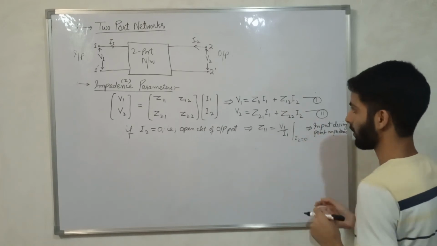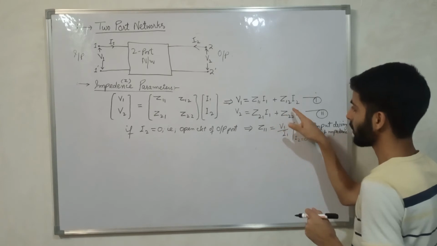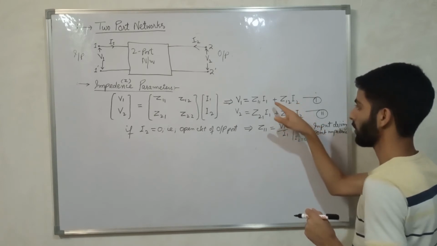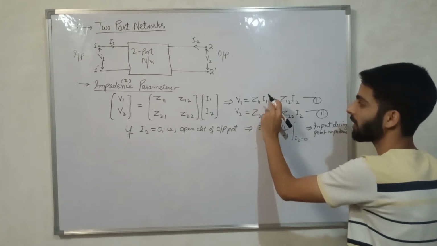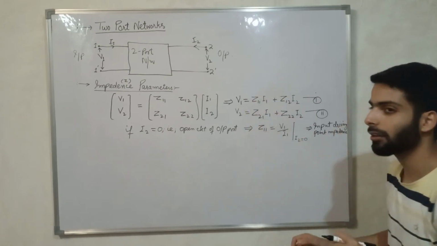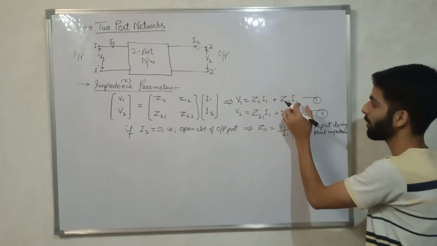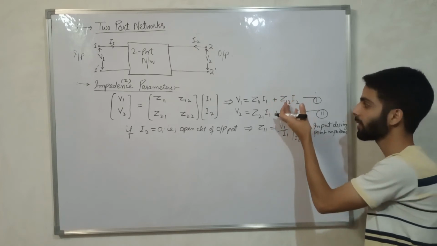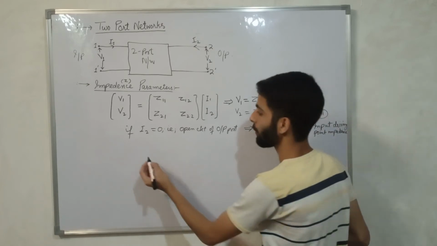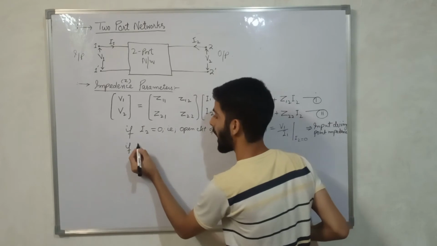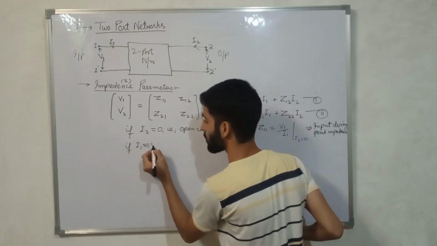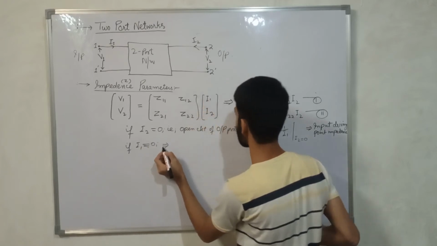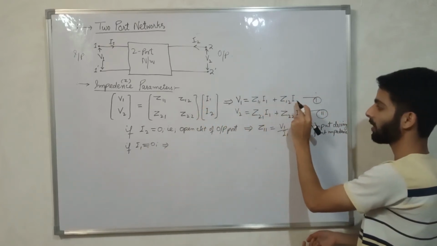In a similar way, if we take I1 equal to 0, then this expression becomes 0. Which expression is left? This expression is left. Then we will find Z12. If I1 equal to 0, what will happen?